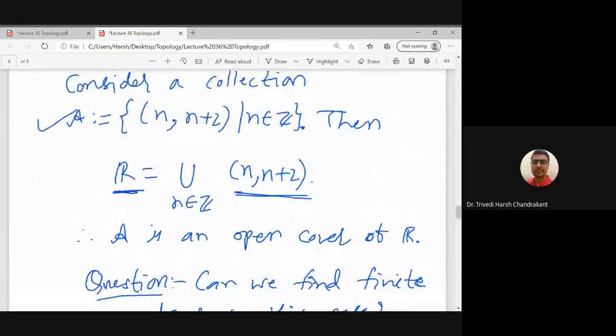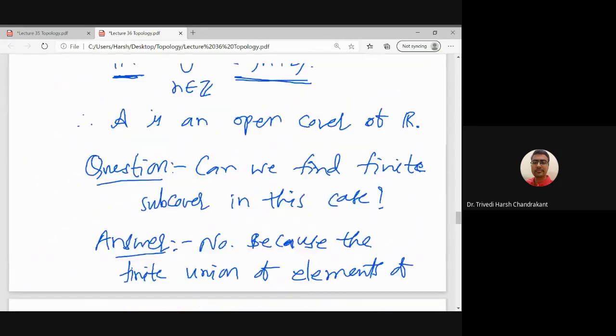So this is an open cover of R. Now the question is: can we find a finite subcover in this case?